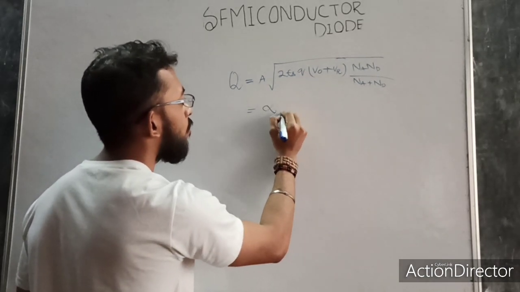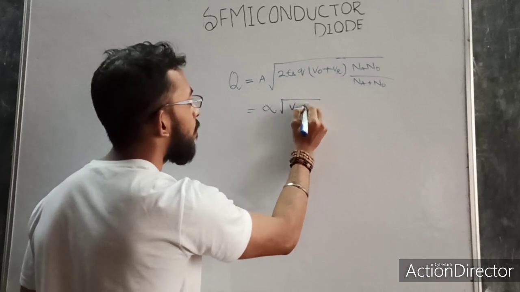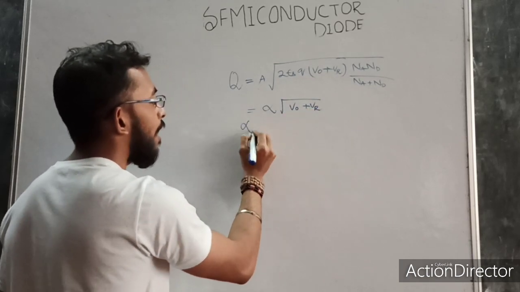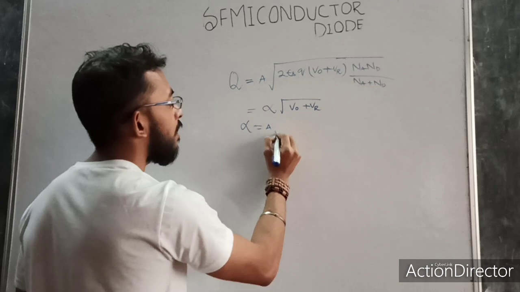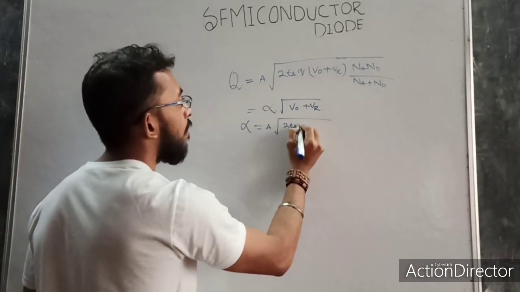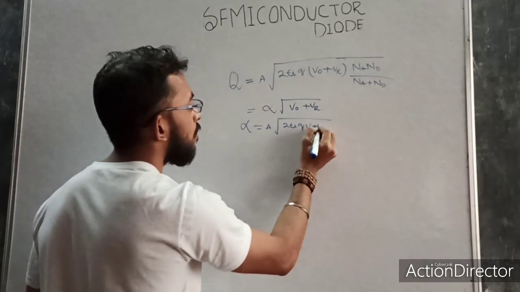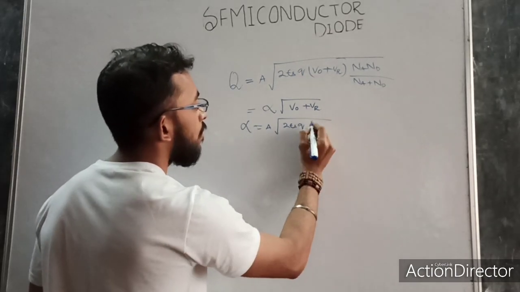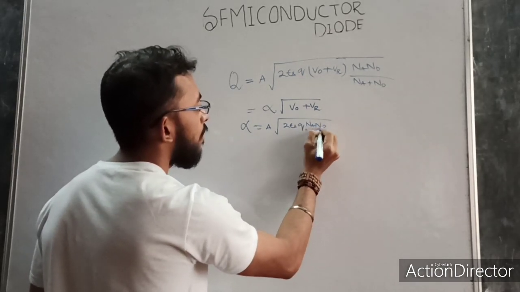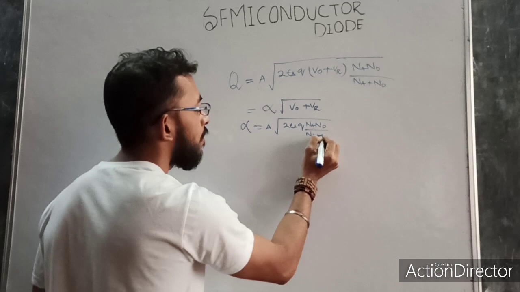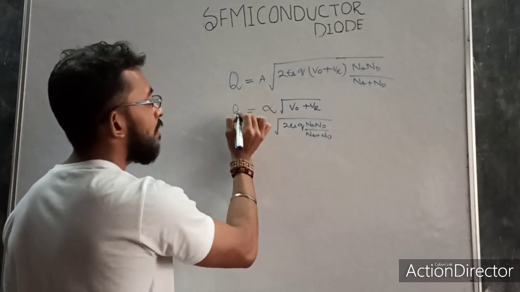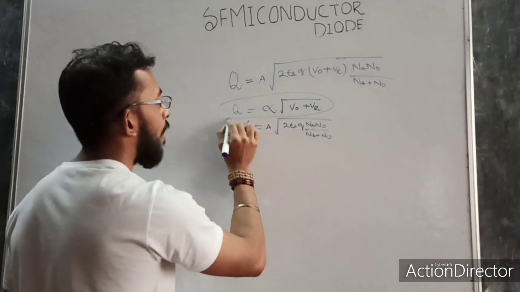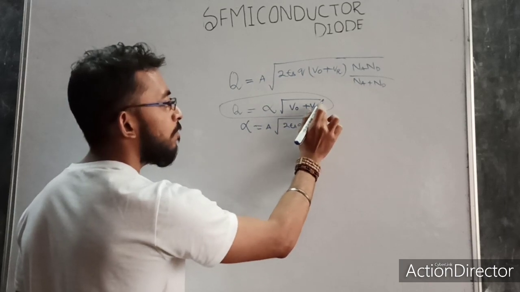This is one constant which is multiplied with under root V naught plus Vr, where my alpha is nothing but A times under root 2 epsilon s q Na Nd upon Na plus Nd. This is my charge, which is nothing but some constant alpha times under root V naught plus Vr, which is a function of reverse bias.